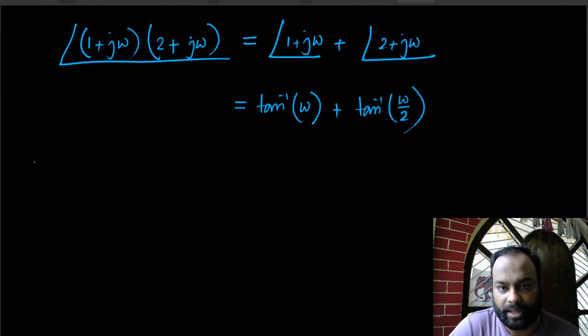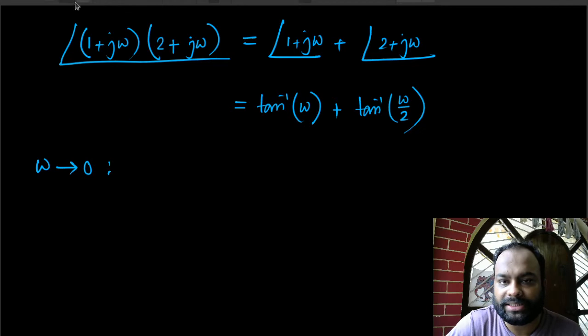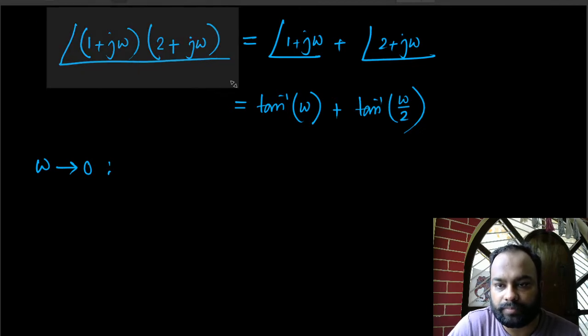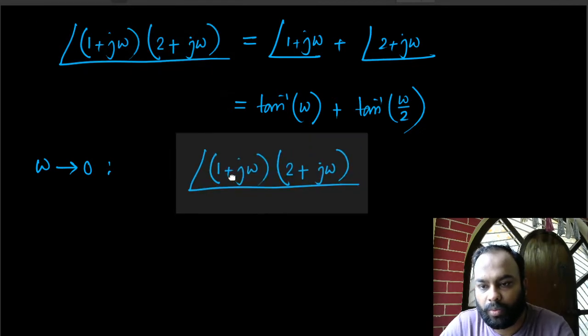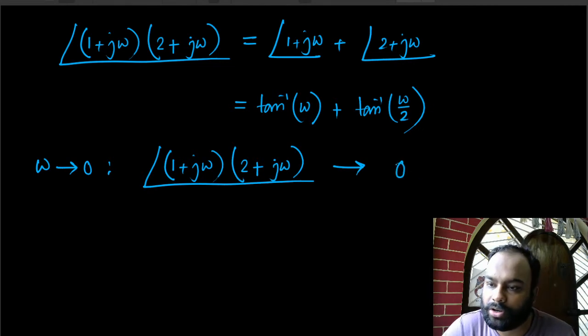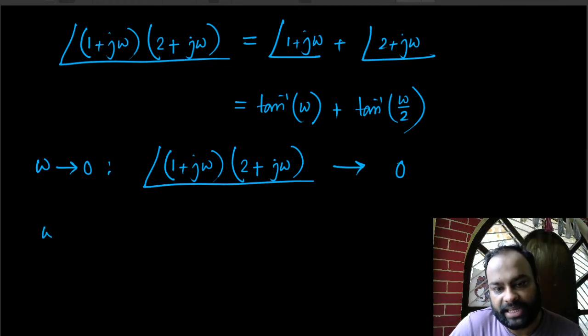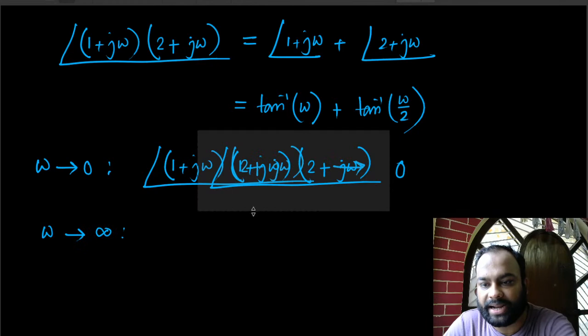Now the question is, what about low frequencies? When frequency is very low, what is the phase angle of this entire thing? Of course, it is tan inverse 0 plus tan inverse 0, so that also goes to 0. And when omega is going to infinity, what is the phase angle of this entire thing?